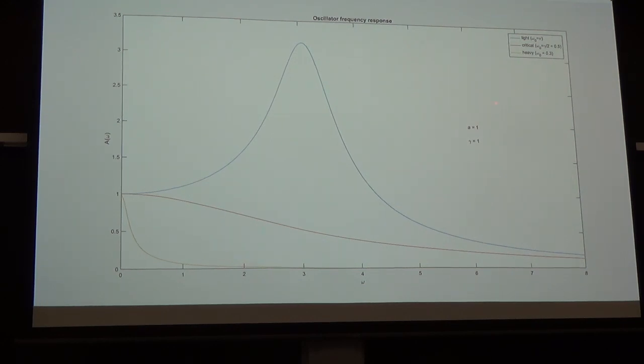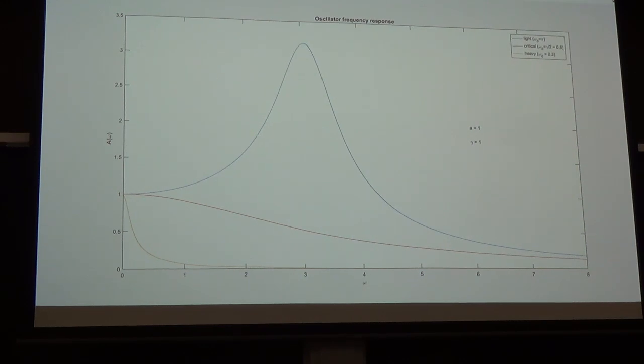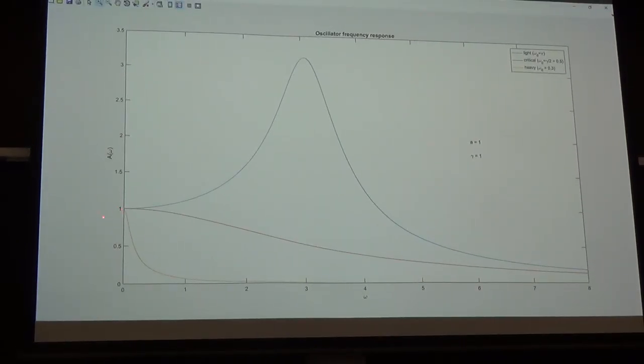And then for the blue curve, this is light damping where I've taken omega naught to be pi. So the Q value is about 3. Q value is pi. And this is the shape that you get for A of omega. Now, one thing to notice is that in all three cases, the amplitude is going to 1 at 0 frequency.